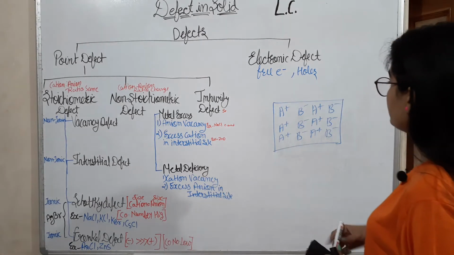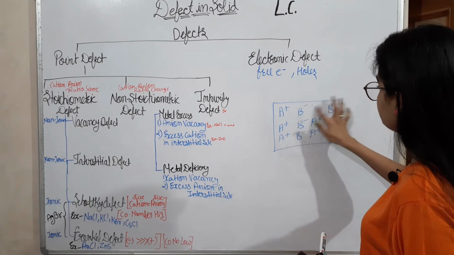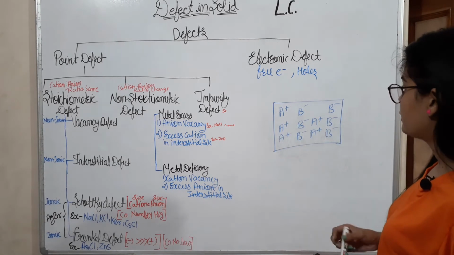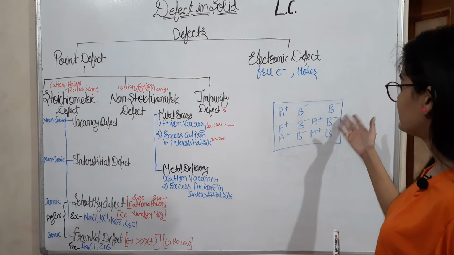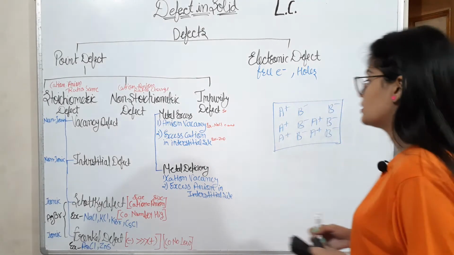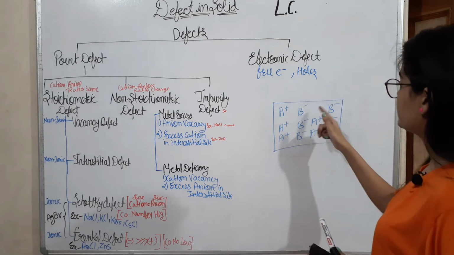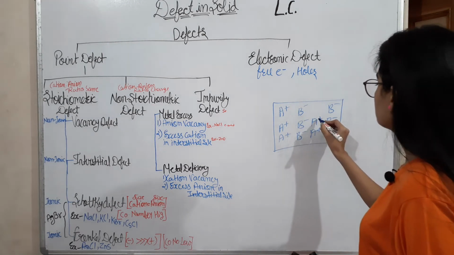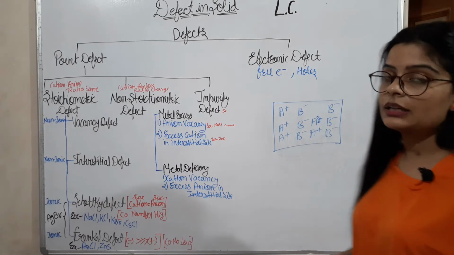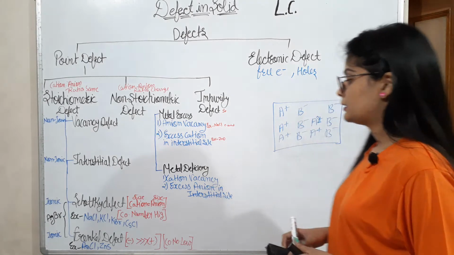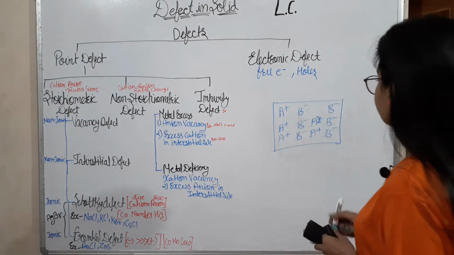If we remove a cation from here, obviously anions are increasing, so that's why metal deficiency. To balance charge, one positive charge is removed, so we have to increase the positive charge on another cation. In this way they are neutral now. So this is cation vacancy.